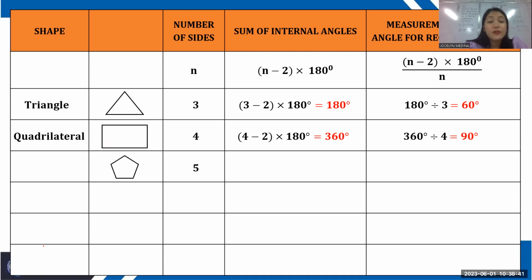Next, polygon. A polygon with 5 sides is what we call a pentagon. Ilan naman kaya yung internal angles? So, 5 minus 2 times 180, that's 540. Para malaman kung ilan yung individual measurement ng interior angle, i-divide mo lang siya ng 5, and that's 108.